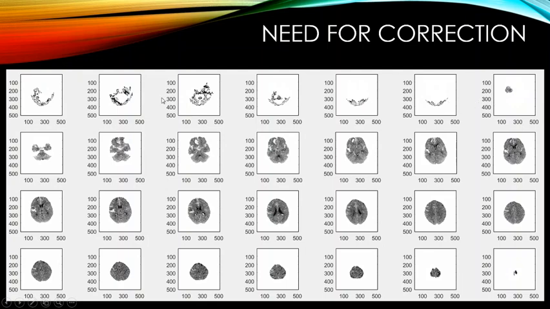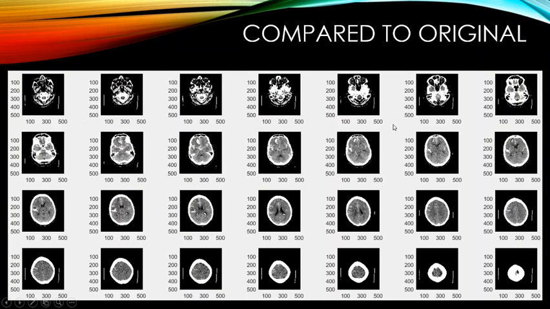From there on down, we just didn't get much useful segmentation at all. Compared to the original images, where this image has 3 brain portions, we didn't get any of them.